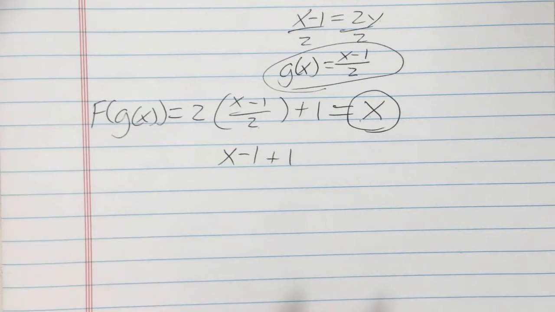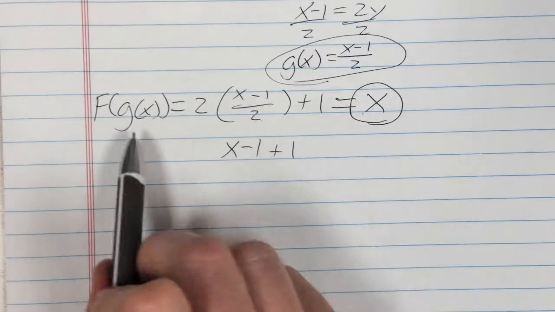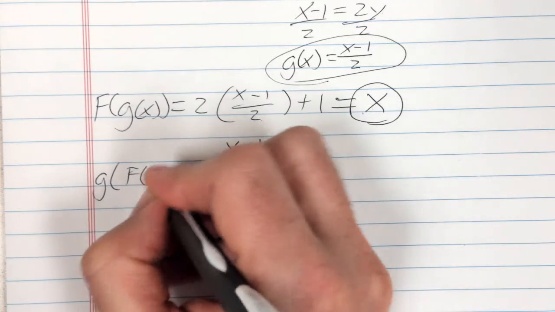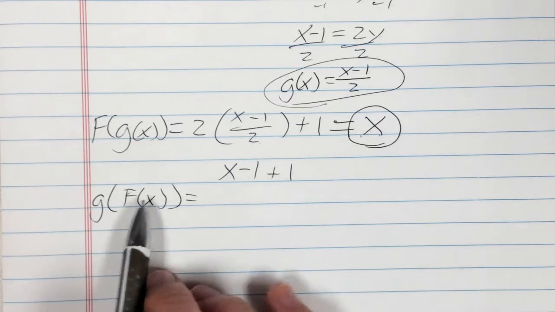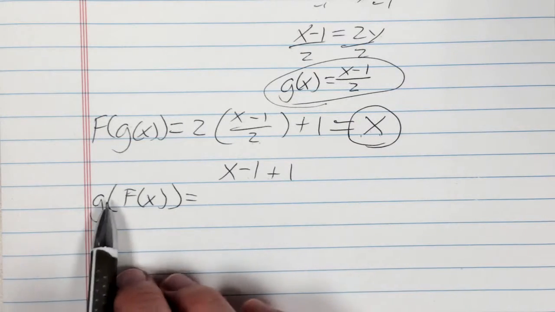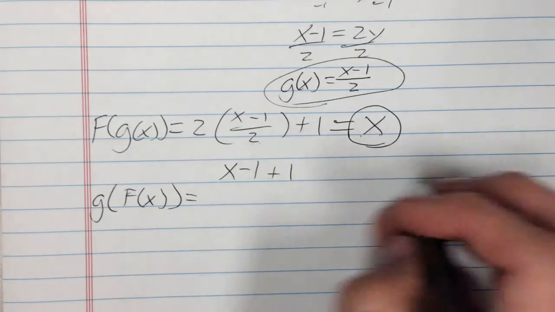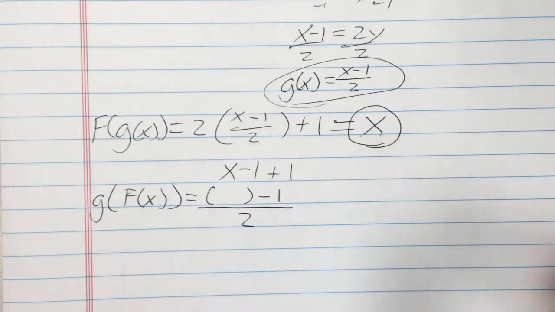All right, and that should also work for the other half, which is when we take the inverse, just doing it the opposite. So g of f of x should equal x. But let's just go through to practice doing that. Here, the outside function is g of x. So we're starting out here, x minus 1 divided by 2.